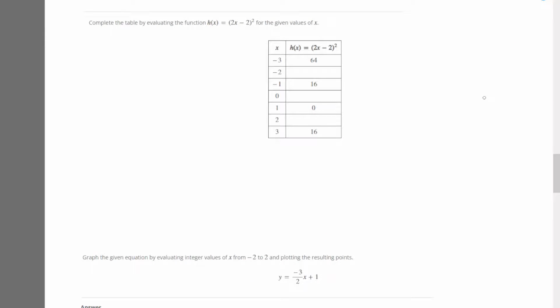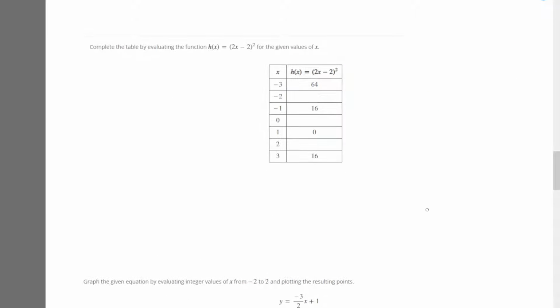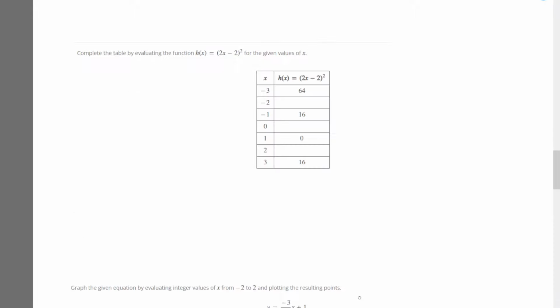We'll deal with that in the last problem. So this one is asking us to complete the table by evaluating the function h of x is equal to 2x minus 2 squared for the given values of x. We're simply just plugging in what we have. We need to plug in negative 2, the 0 value, and this 2 value.